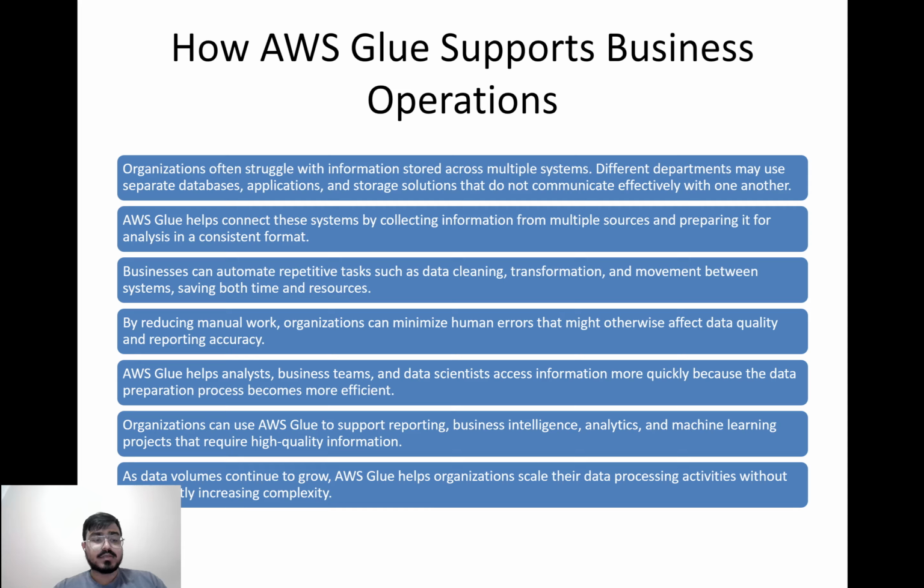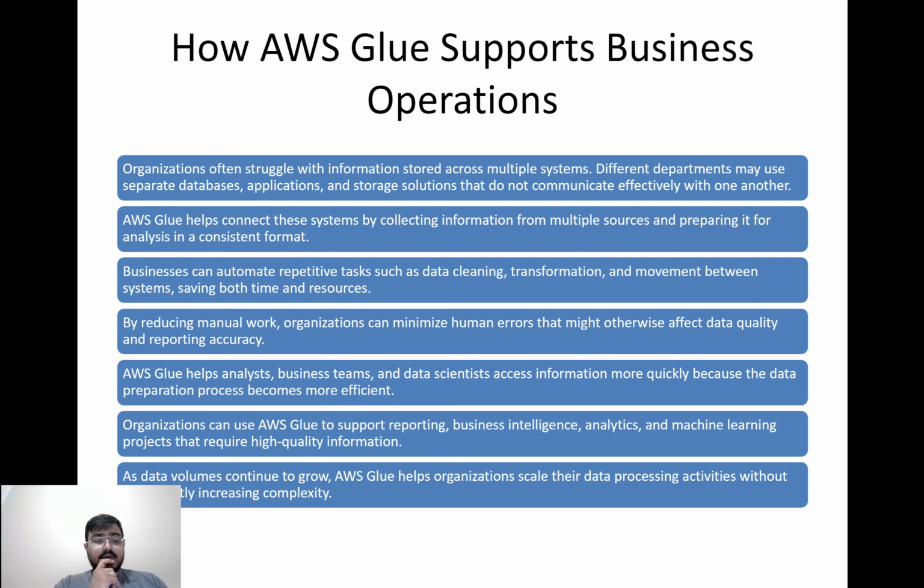Because these systems often do not communicate effectively with one another, it can be difficult to obtain a complete picture of business operations. AWS Glue helps connect these systems by collecting information from multiple sources and preparing it in a consistent format. Another major benefit is automation.